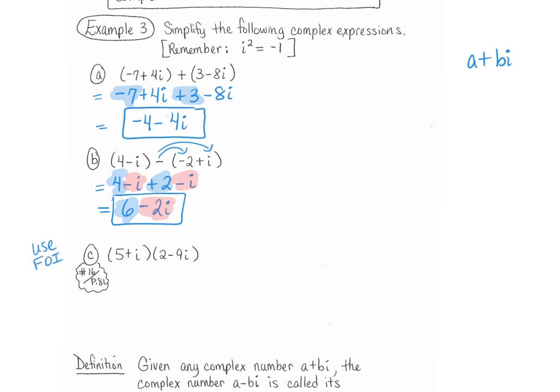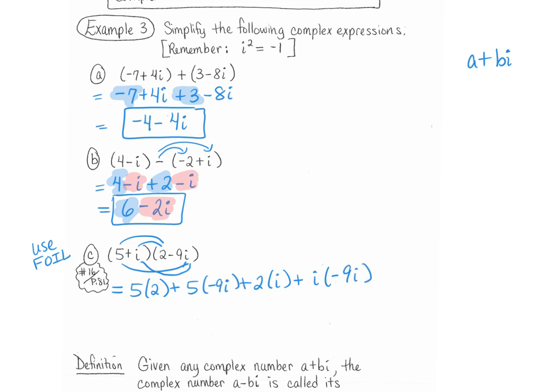Remind me what FOIL means? Good. So, do you need me to write out before we simplify? Okay. So that's 5 times 2 plus 5 times negative 9i plus 2 times i plus i times what?